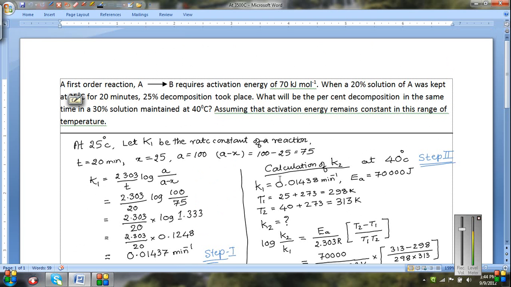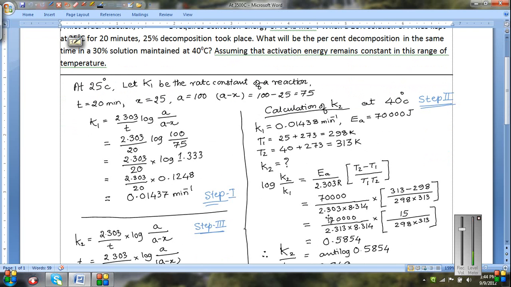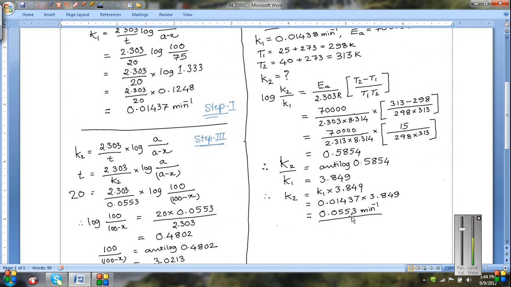Because we want to know how much of the reaction is completed at 40 degrees Celsius. To know that, we should know what is the rate constant at 40 degrees Celsius. For that purpose, we have calculated the K2 value.